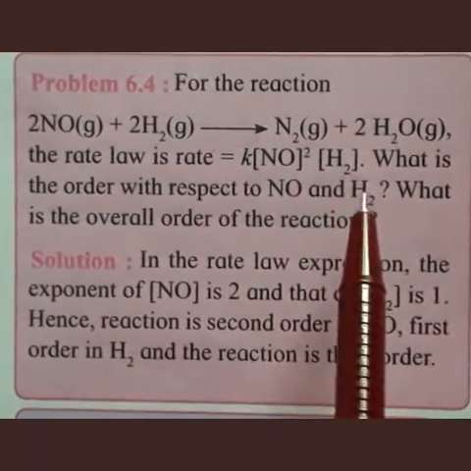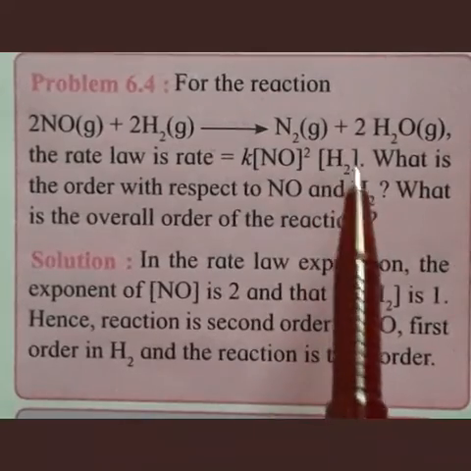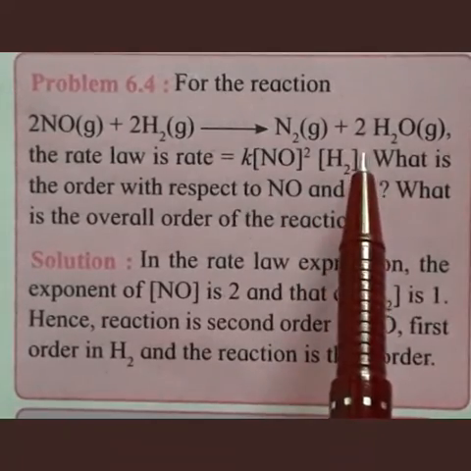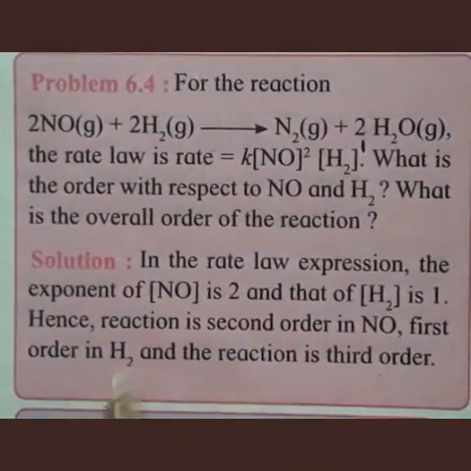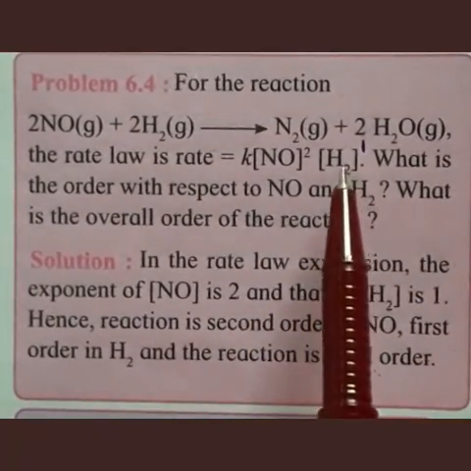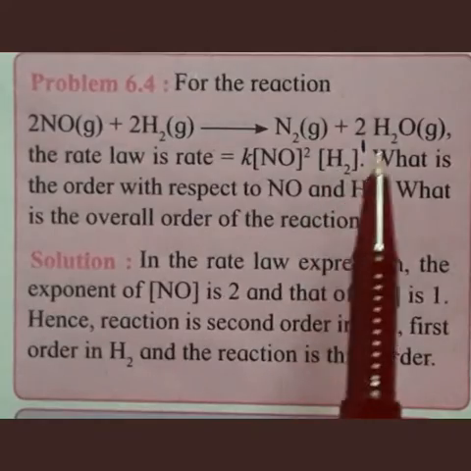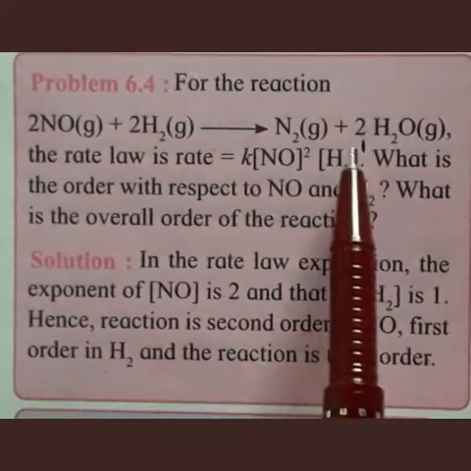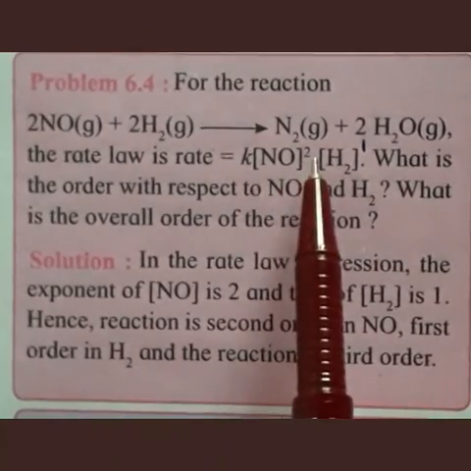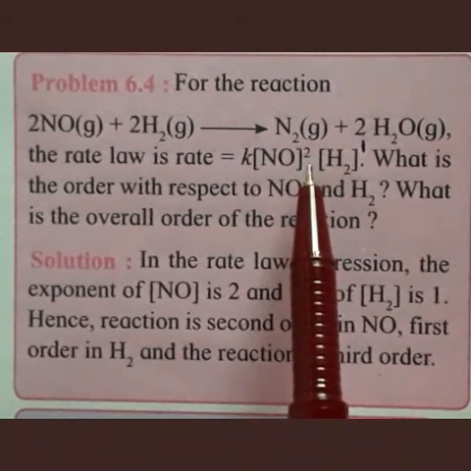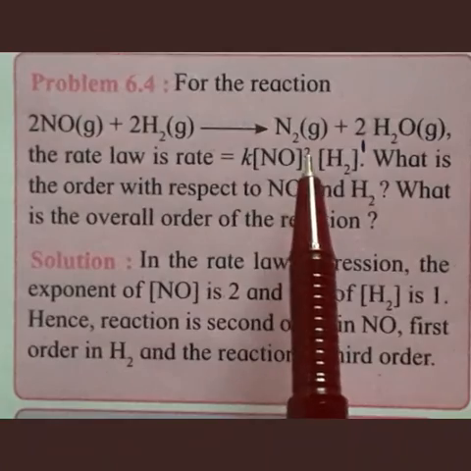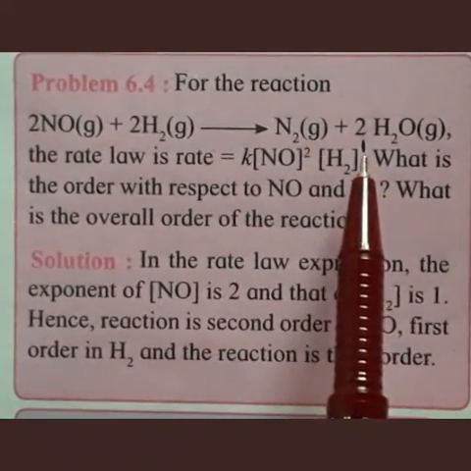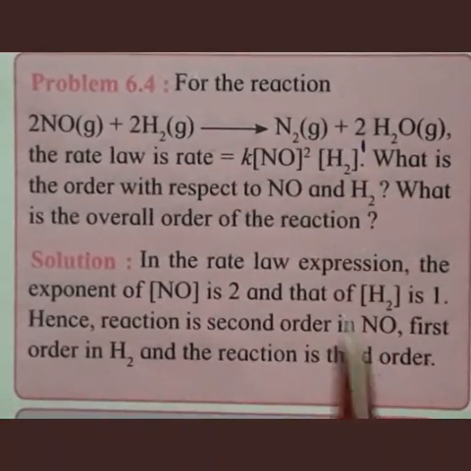And with respect to H2, what is the power of the concentration of H2? Nothing is given. That means there is 1. So order of reaction with respect to H2 gas is 1, and with respect to NO is 2. Now we have to find the overall order of reaction. Overall order is 2 plus 1, which is 3. Understand? Same thing they have given over here.